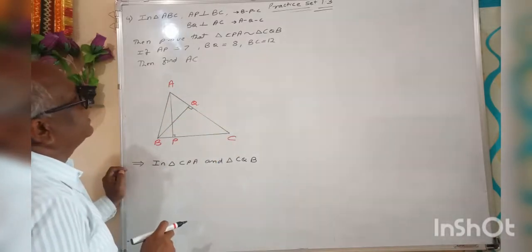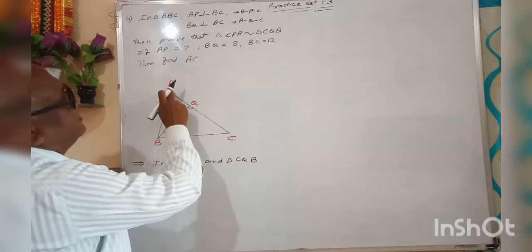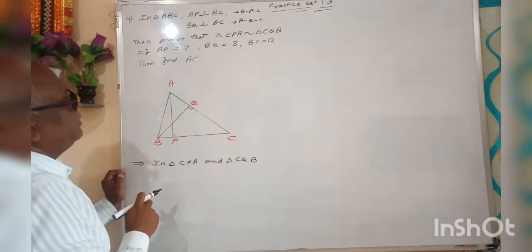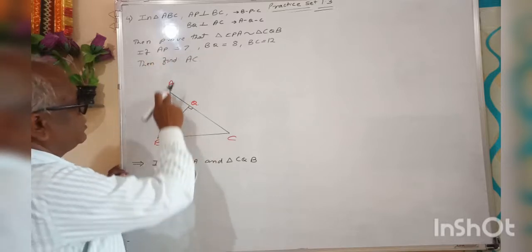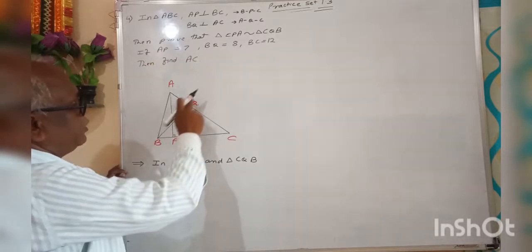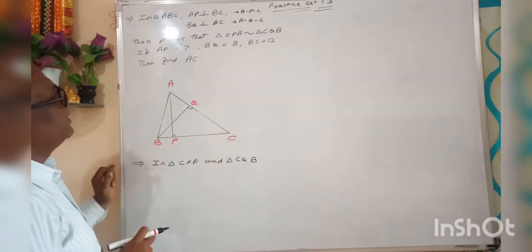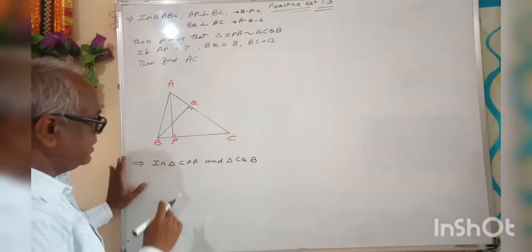Then prove that triangle CPA is similar to the triangle CQB. If they are similar, and AP is equal to 7, BQ is equal to 8, BC is equal to 12, then find AC.